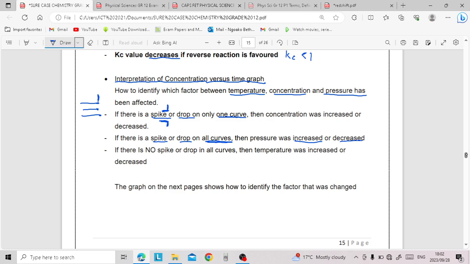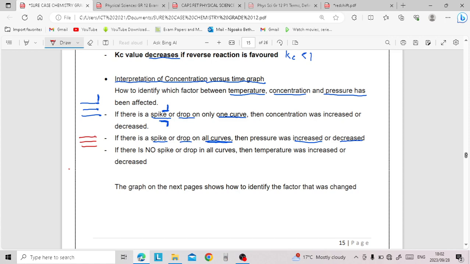If all the curves have spikes, it means our 3 lines, like this: 1, 2, 3, and then we observe a spike on each.